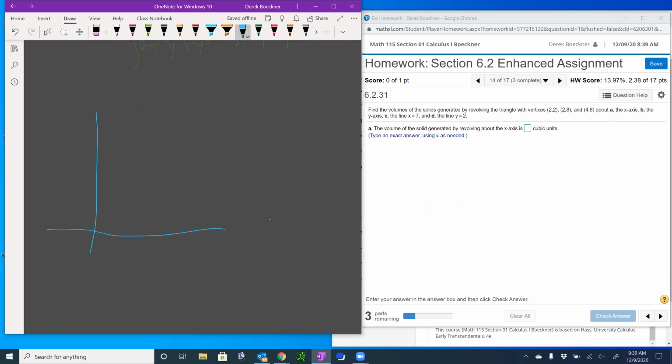You've got a triangle with vertices at (2, 2), (2, 8), and (4, 8). That's a slope of 3.